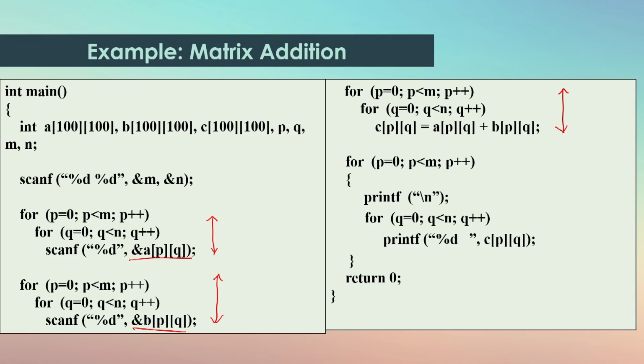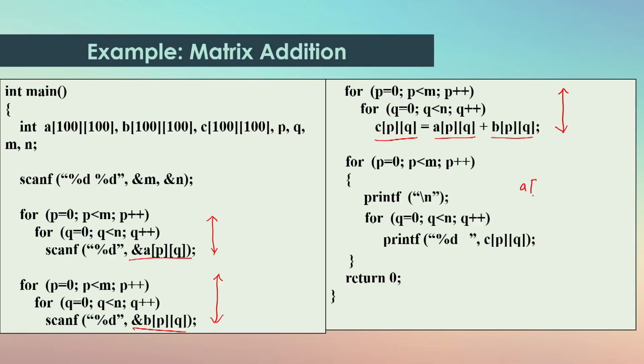The simple operation here is C of p q equal to A of p q plus B of p q. It means that whenever we use the loop structure for the row and column values, the same loop structure can be used here, because the subscript is going to be the same for matrix addition.